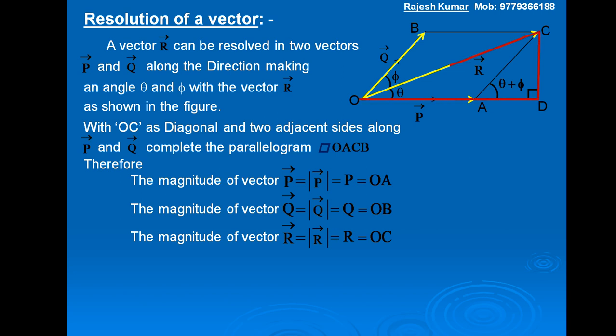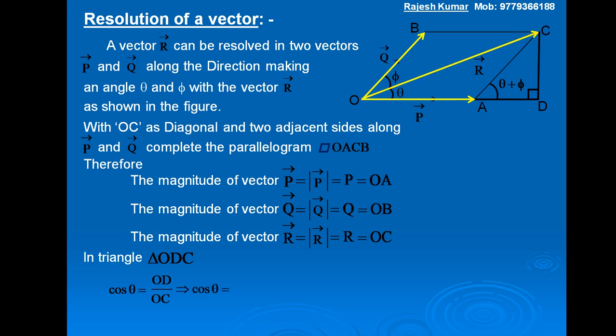Now in triangle ODC, cos theta, which is equal to base upon hypotenuse, is equal to OD upon hypotenuse OC.